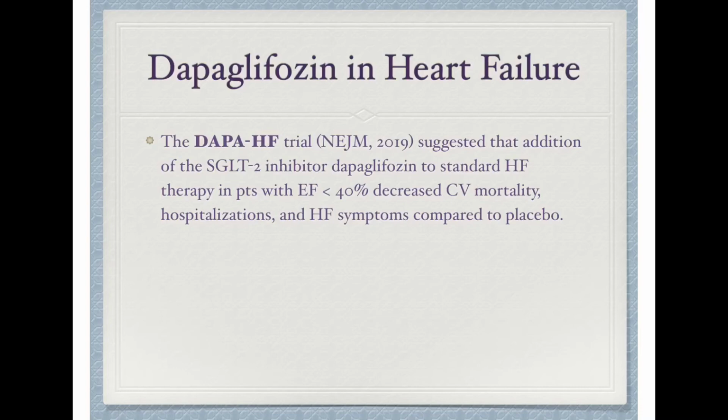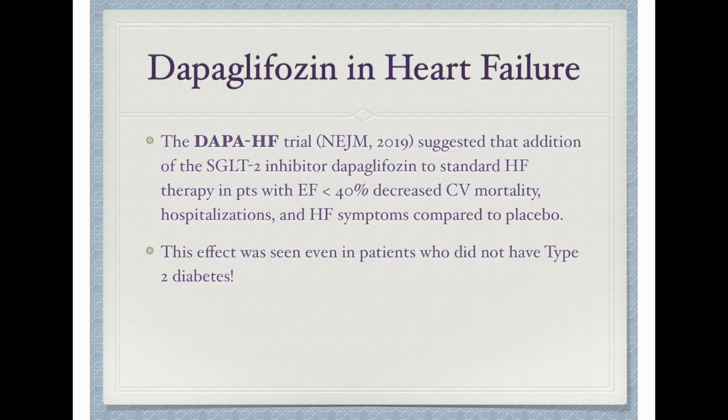And while you might think that the beneficial effect of this medication was due to its ability to lower glucose and control diabetes, which is a major risk factor for heart failure, it was interesting to note that this protective effect on the heart was even seen in patients who did not have diabetes.